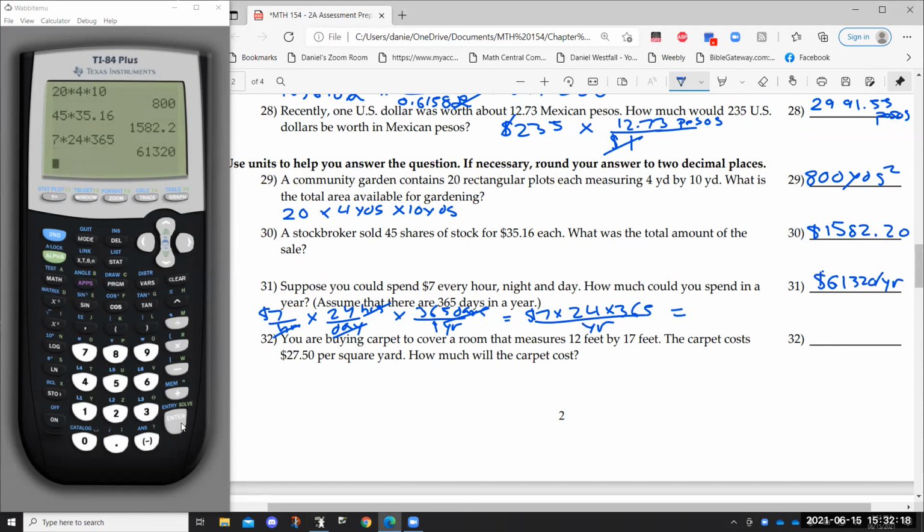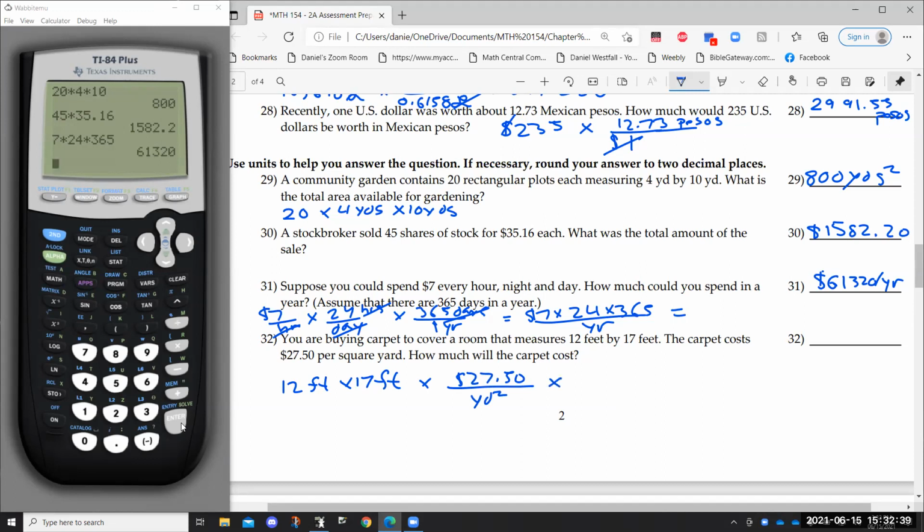Buying carpet to cover a room which measures 12 feet by 17 feet. Carpet costs $27.50 per square yard. I don't have square yards, I have square feet.